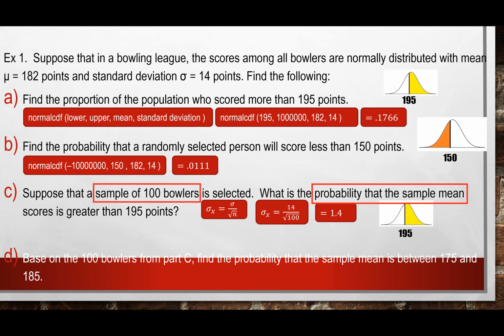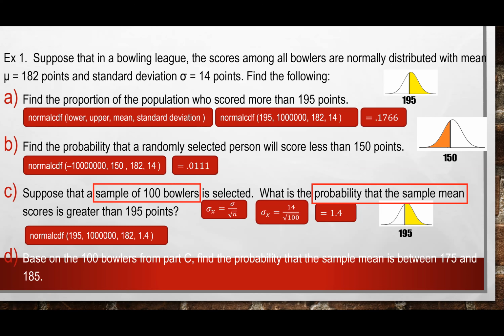Looking at the bell curve, we're looking at more than 195. On A, we're still looking at more than 125. But because we deal with the sample, we have to adjust that. We have the lower limit 195, the upper limit is some humongous number. The mean is the same, 182, but the standard deviation now is 1.4 rather than 14.